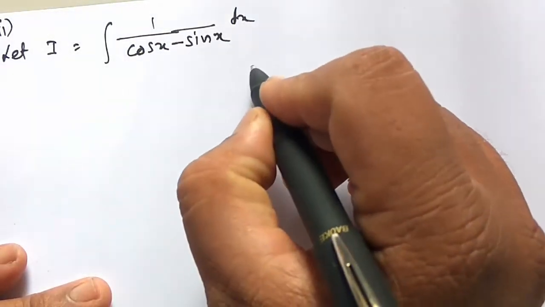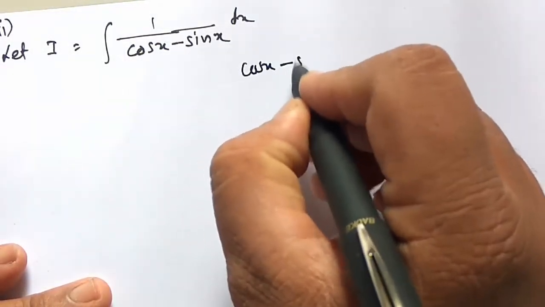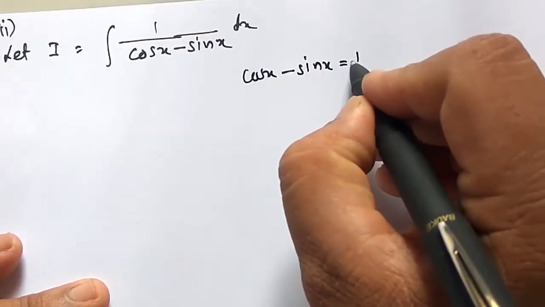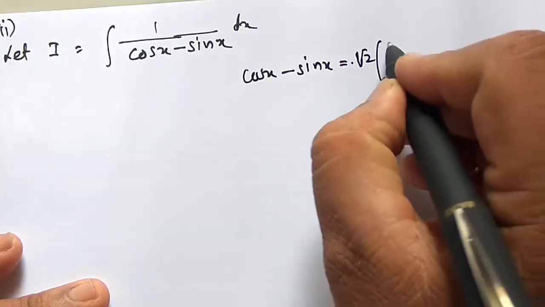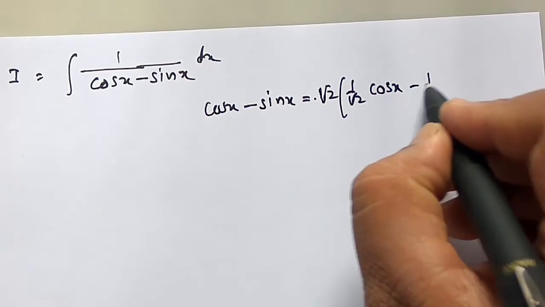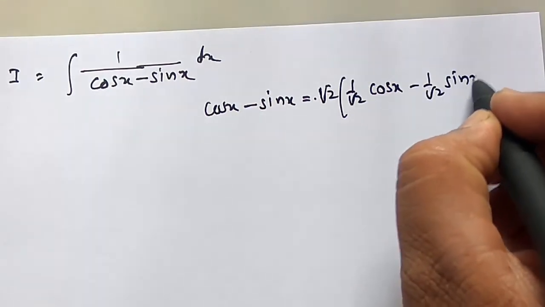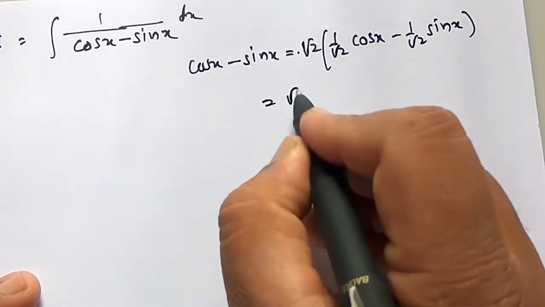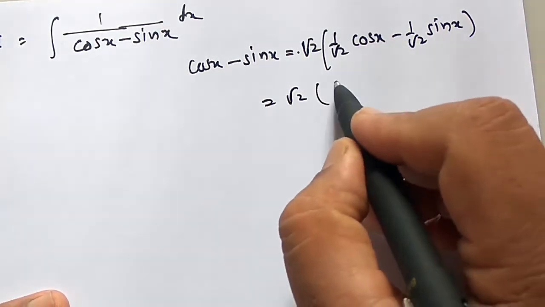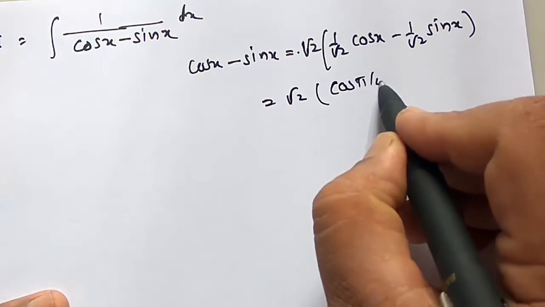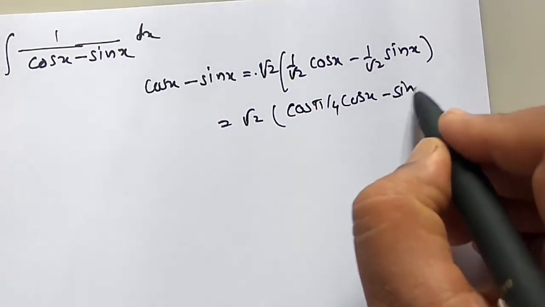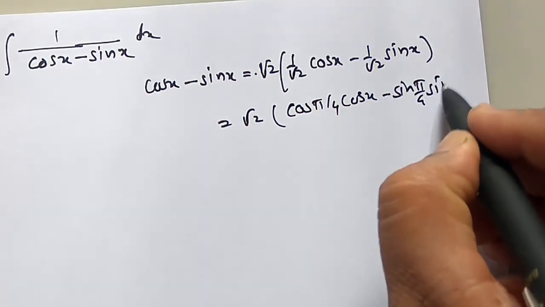Here, cos x minus sin x, I multiply and divide by root 2. So 1 upon root 2 cos x minus 1 upon root 2 sin x, multiplied by root 2. 1 upon root 2 is cos of pi by 4, so it is cos of pi by 4 into cos x minus sin of pi by 4 into sin x.